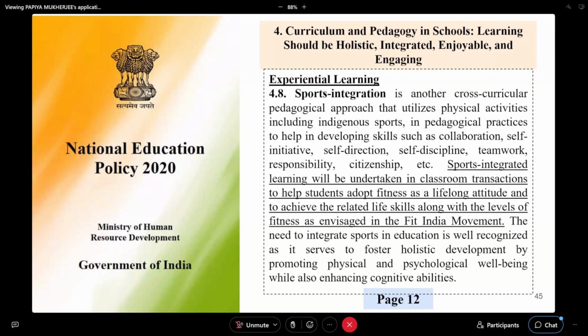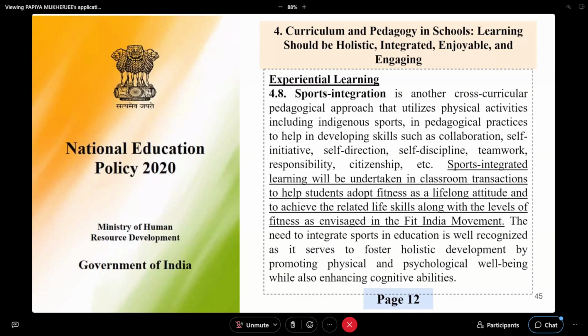Again drawn from the National Education Policy 2022, which mandates that the curriculum in schools, learning should be holistic, integrated, enjoyable, and engaging.